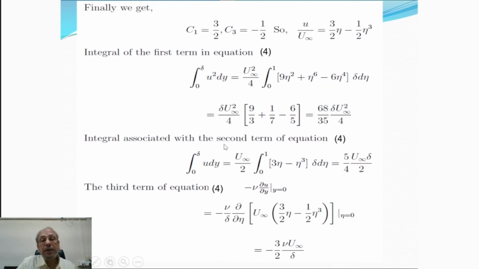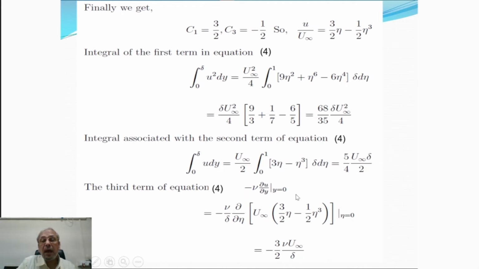Similarly, the integral associated with the second term, 0 to delta u dy, will be U infinity by 2, integration 0 to 1 of 3 eta minus eta cube. 2 comes out, 3 eta minus eta cube delta d eta. So we get 5 by 4 U infinity delta by 2.